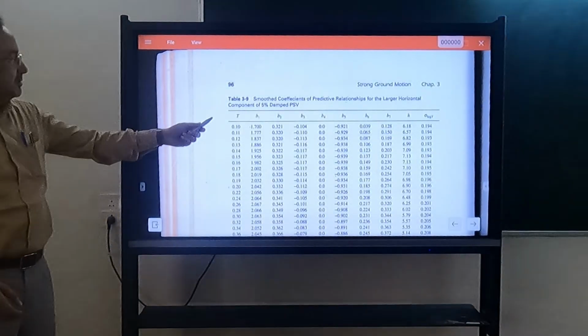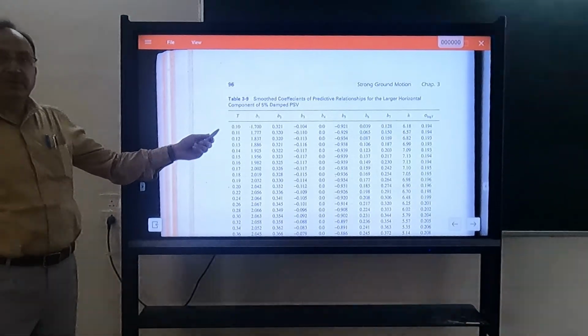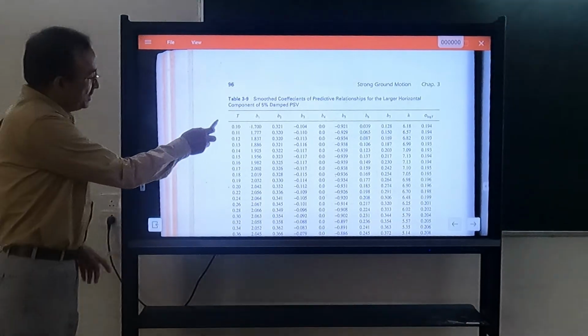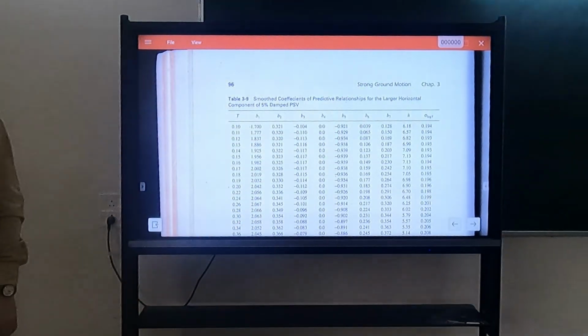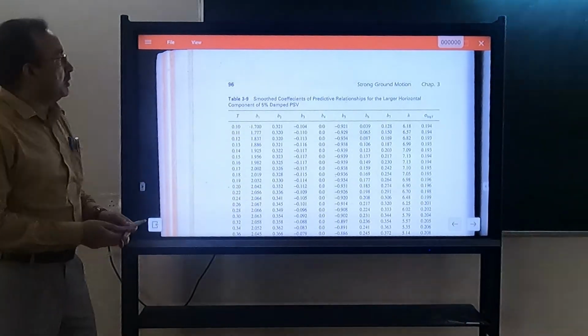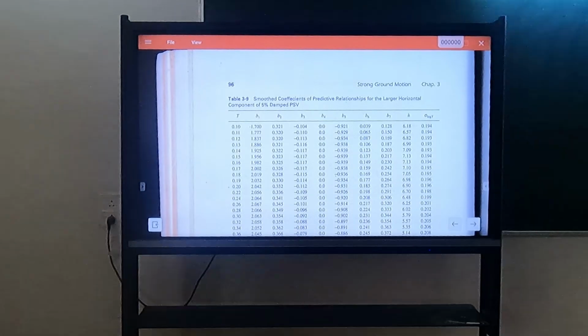Boore has given this table. 0.1 second period, 0.11 second period, 0.12 second period, and for each of these periods, B1, B2, B3, B4, sigma, all parameters are given. So you will apply the same relationship, but the coefficients you will use from here. And then what you are going to get? 5% damped PSV, not PGA. What is PSV? Pseudo spectral velocity. So what it is giving is pseudo velocity. We want to plot spectral acceleration, the acceleration spectrum.